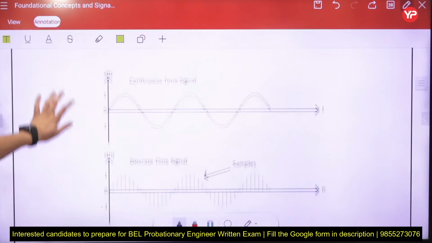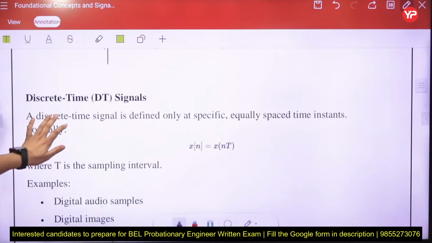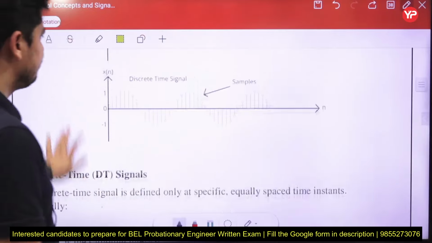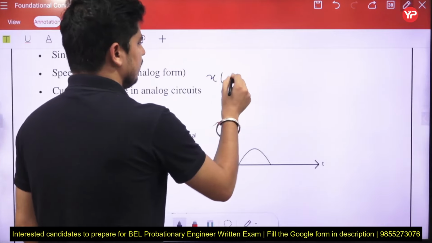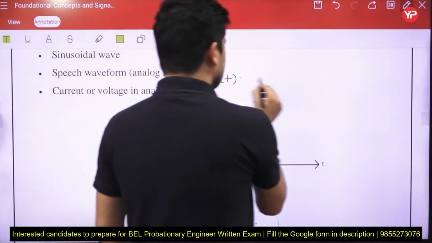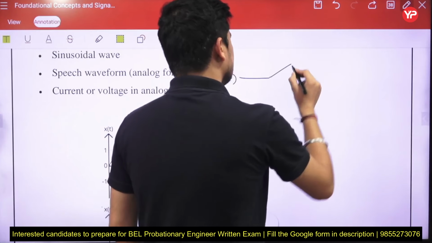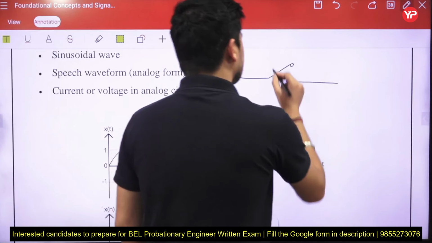Next is the discrete time signal. What does discrete time signal mean? Let us take a continuous time signal x(t), and I give this signal to the input of a switch.